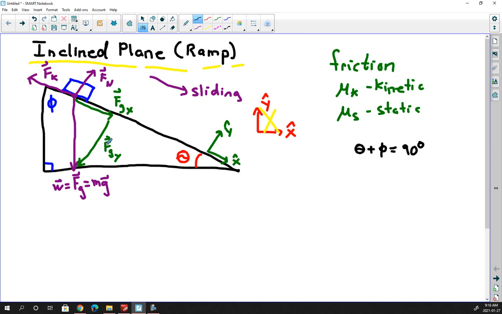So if you take a look at that triangle and now try to analyze it within this triangle, you will see that there is 90 degrees right in here. So since there's 90 degrees right in there, that means this angle here has to be phi.